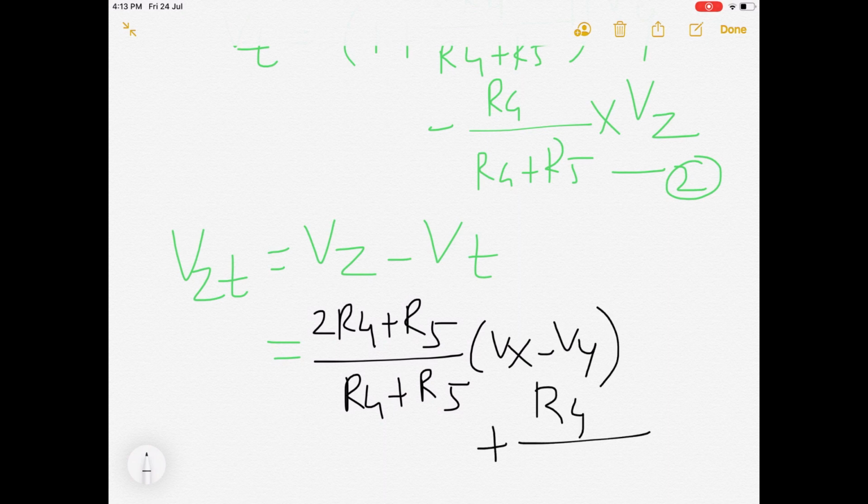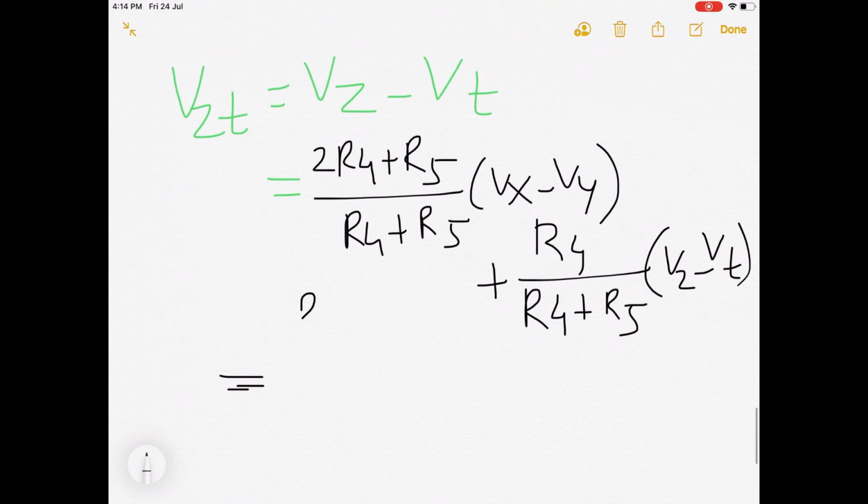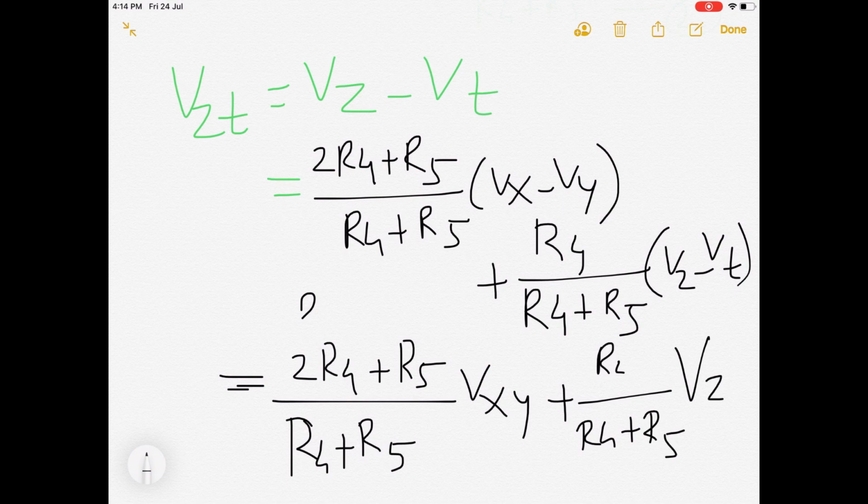I am taking common terms out, that is why directly I have written here, that is Vz minus Vt. Okay. So for shortcut purpose I am considering Vx minus Vy as Vxy. So here we can write it again, 2R4 plus R5 divided by R4 plus R5 into Vxy plus R4 upon R4 plus R5 into Vzt.